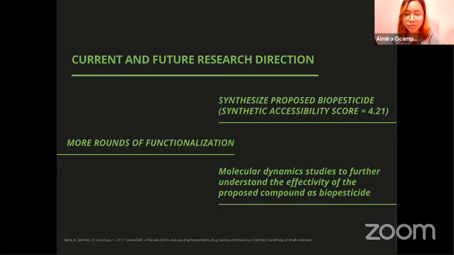On a score where 1 means very easy and 10 means very difficult, we got a score of 4.21. Okay? So repeatedly functionalizing the ligand, meaning going over the methods that I have already presented again for another round, is also suggested in order to get a higher binding affinity ligand.